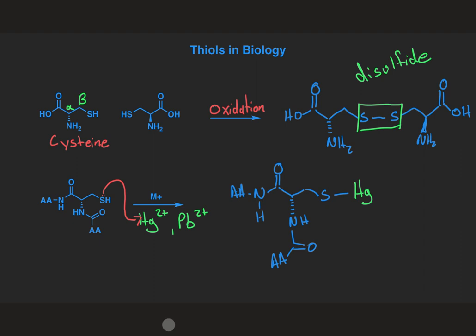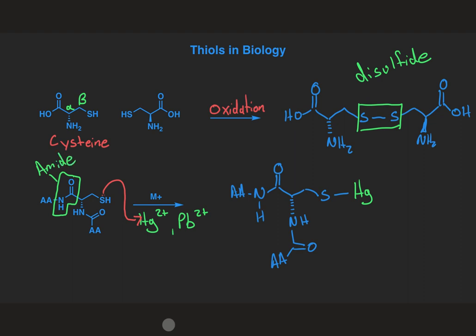And so if we take a moment to look at this starting material, this AA is just an abbreviation for amino acid. So this is in the middle of a long amino acid chain, or in the middle of the protein chain. And what we're looking at here is an amide.